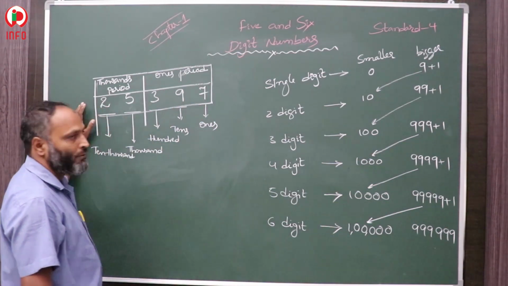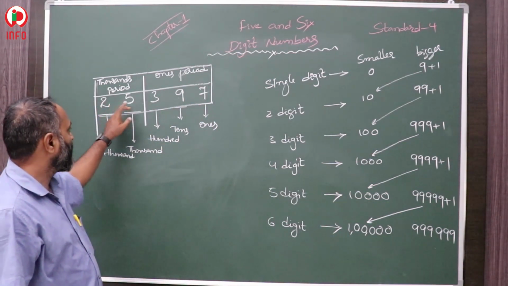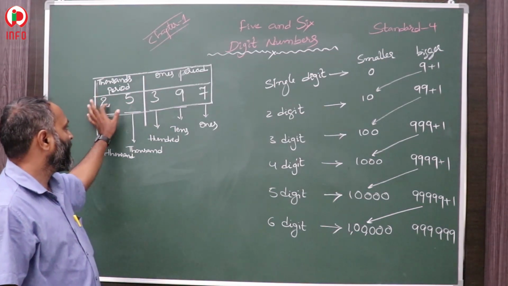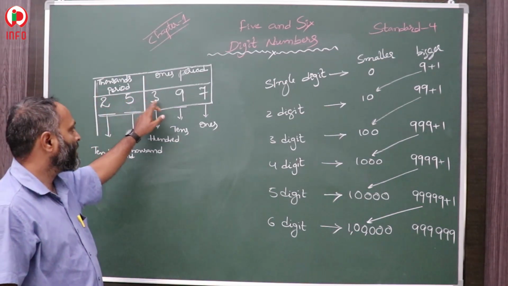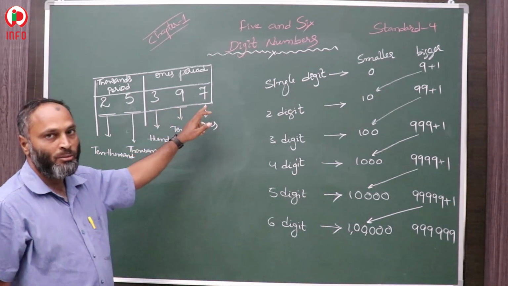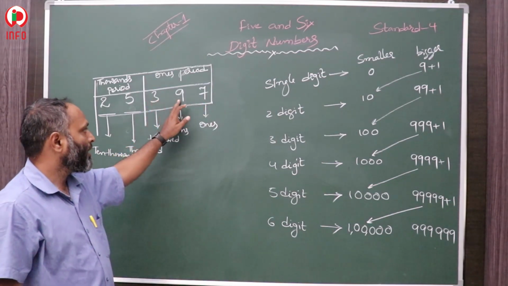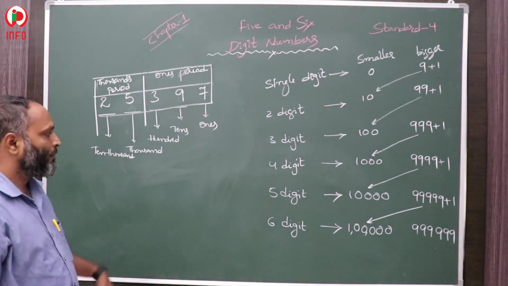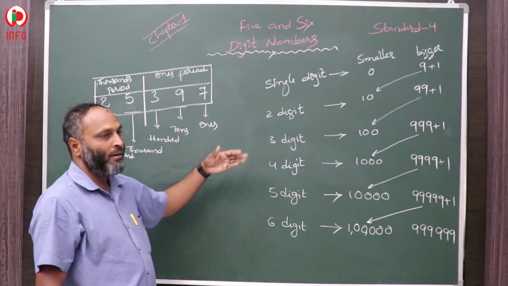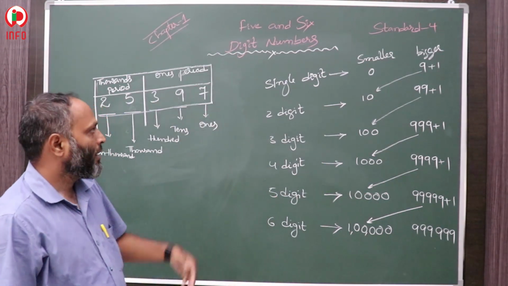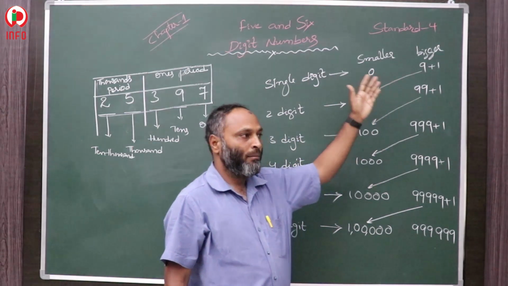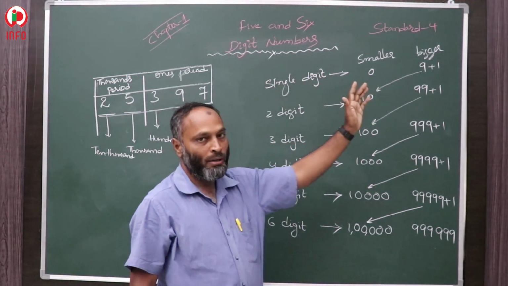So like this we have to read. This is the way to read the ones period and thousands period, and these are the single digit smaller number and bigger number, smaller number and bigger number.